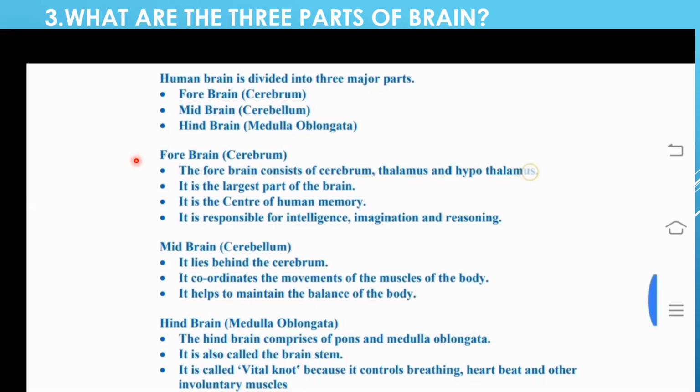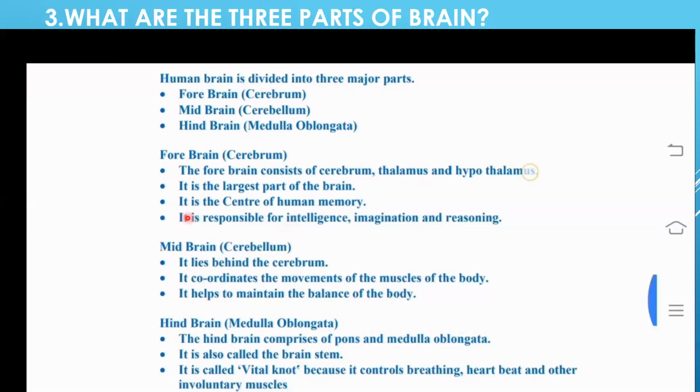It is the biggest part of the brain, and it is responsible for our intelligence, imagination and reasoning.